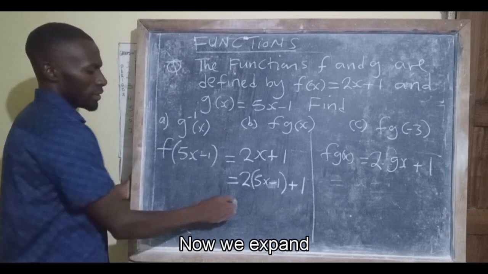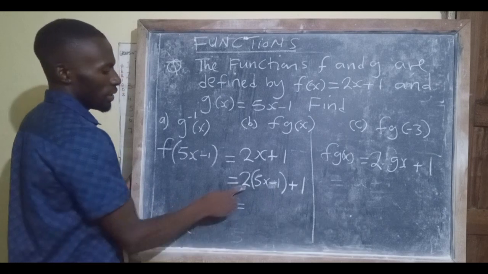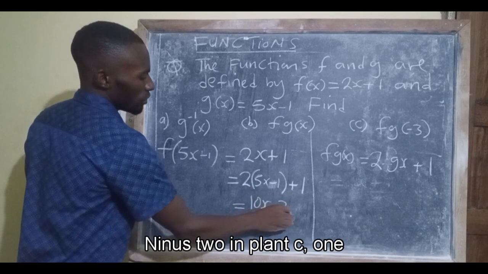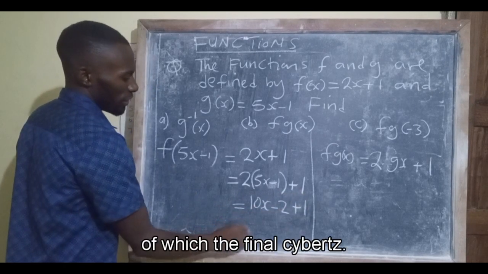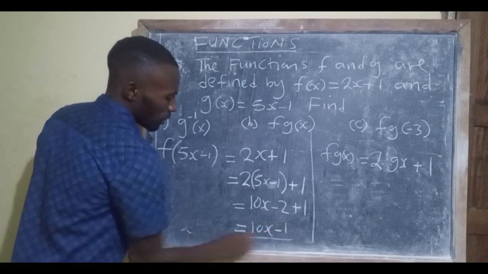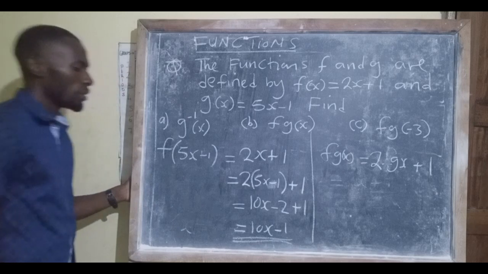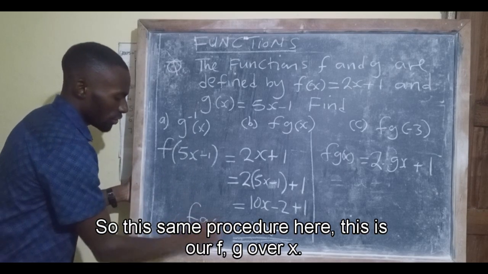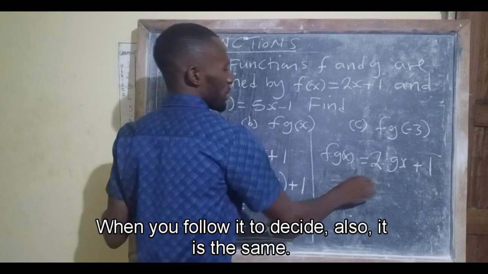Here now we expand by multiplying 2 throughout with everything inside the brackets. So we're going to have 10x minus 2, then plus 1. The final answer is going to be 10x minus 1, when you add negative 2 plus 1. So this same procedure, this is our f g of x. When you follow it this side also, it is the same.